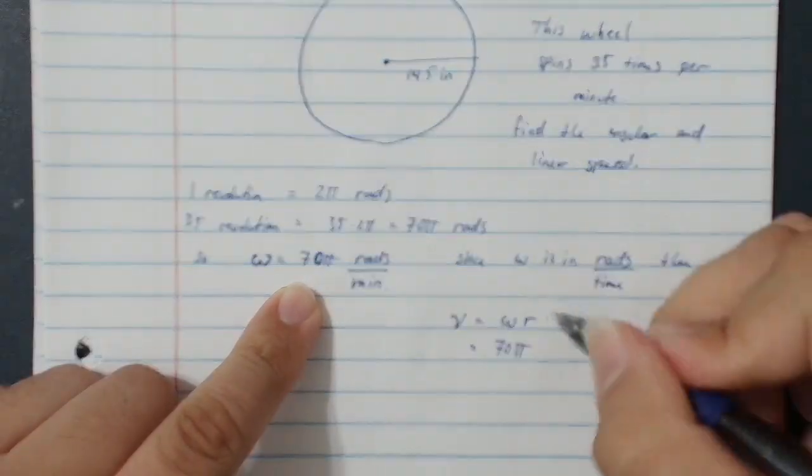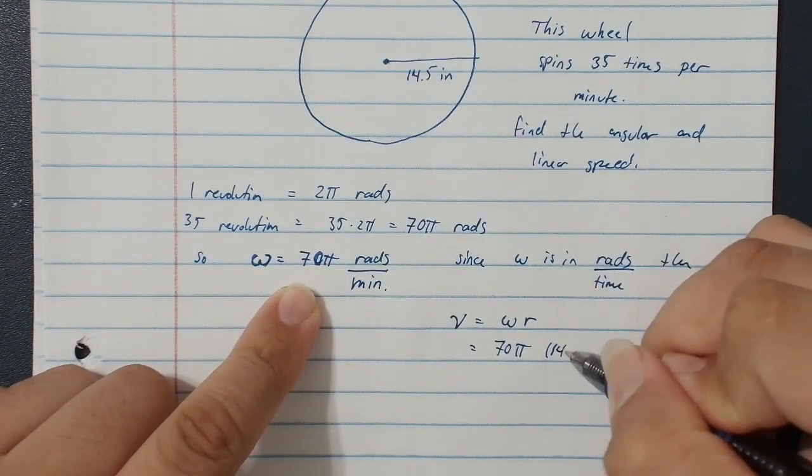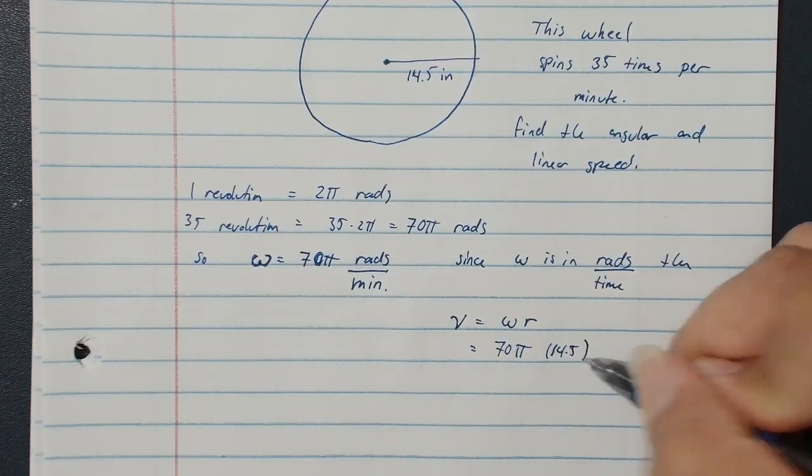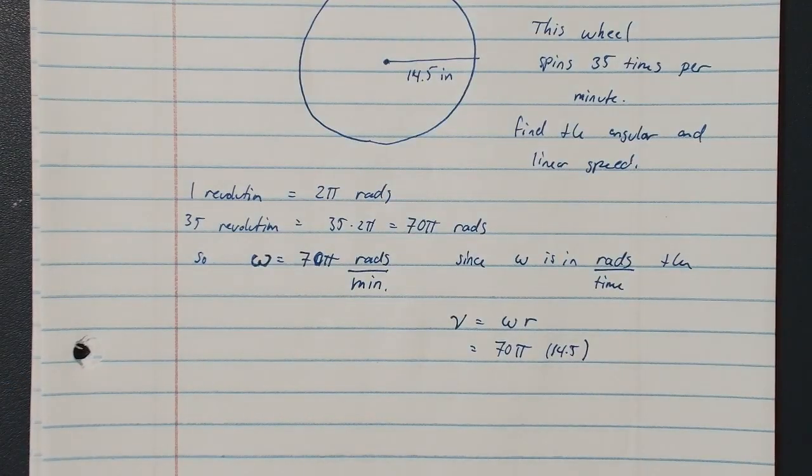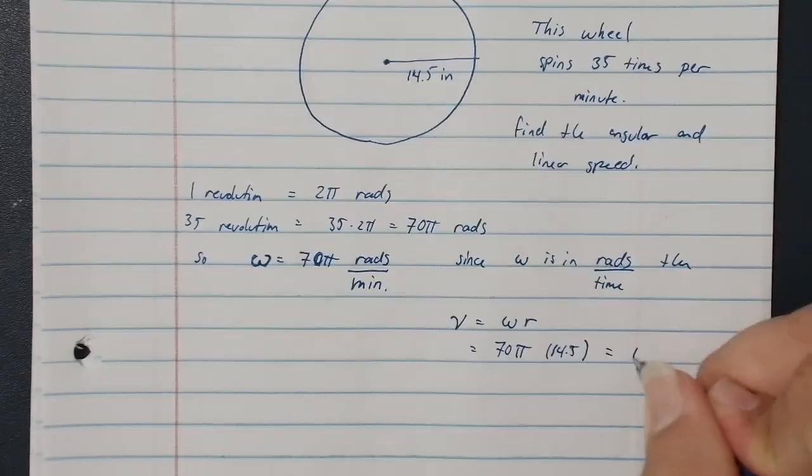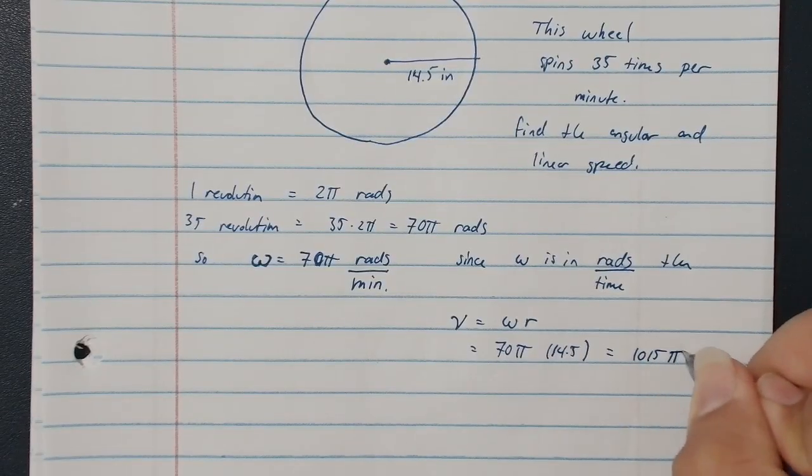Our r is going to be 14.5, like this. And that gives us, let's see, 7, 8, 9, 10, 15. So this gives us 1015 pi.